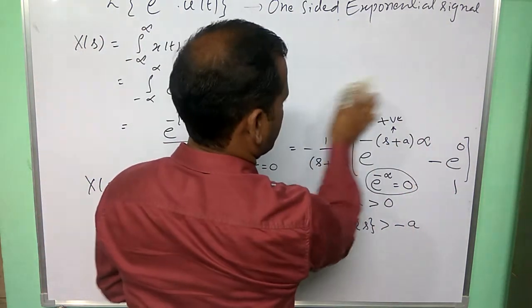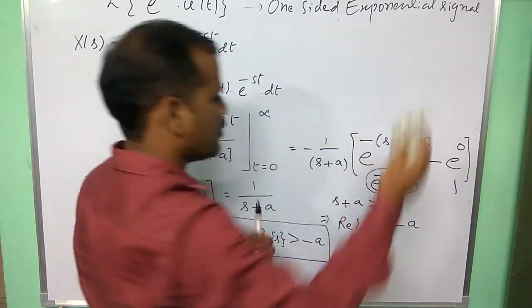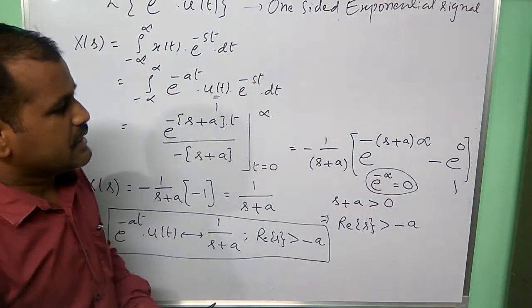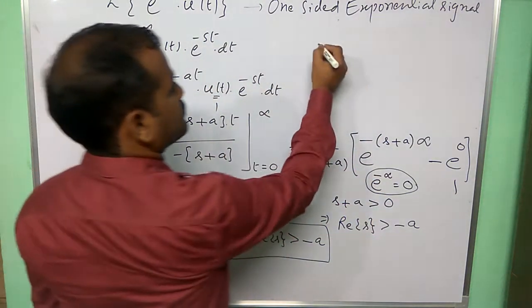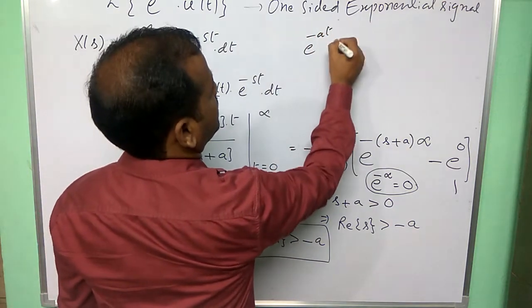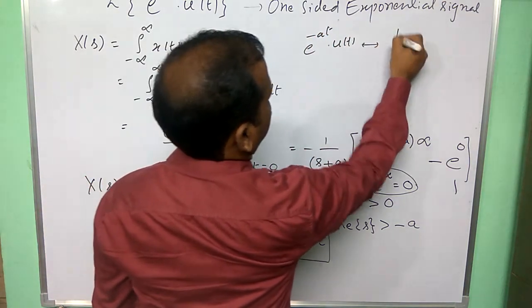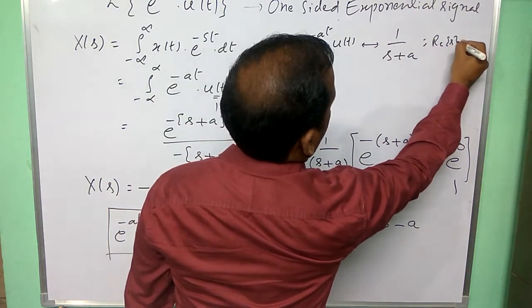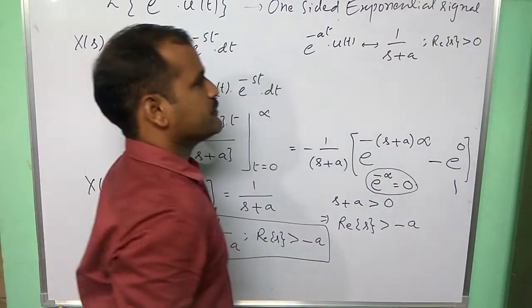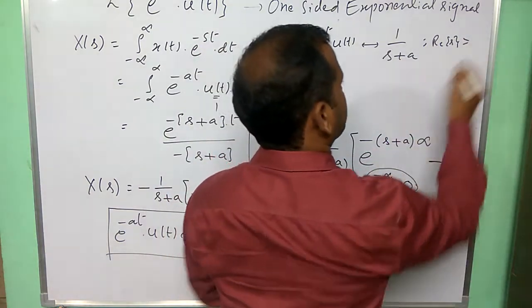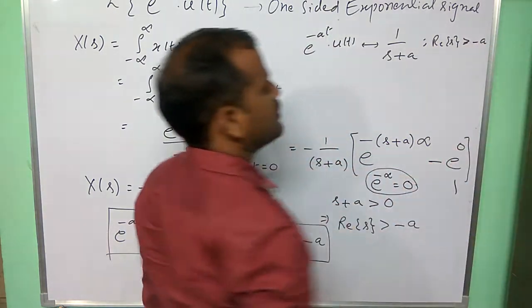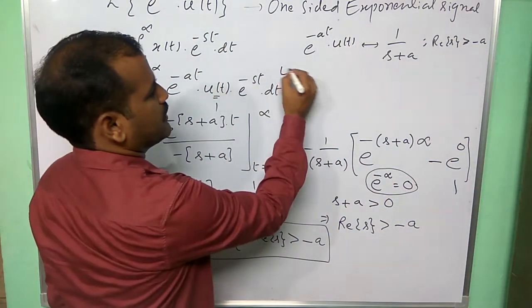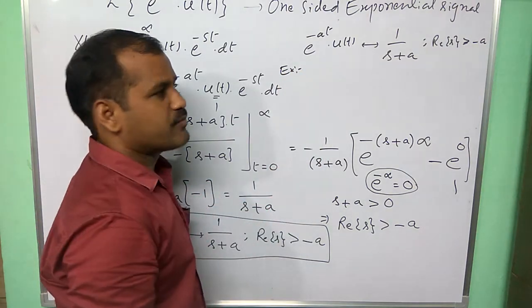Hope you have noted all these things. Now I am rewriting this one: e to the power of minus at u of t, Laplace transform 1 by s plus a, with ROC real part of s greater than minus a. From this, we are taking some numerical examples.